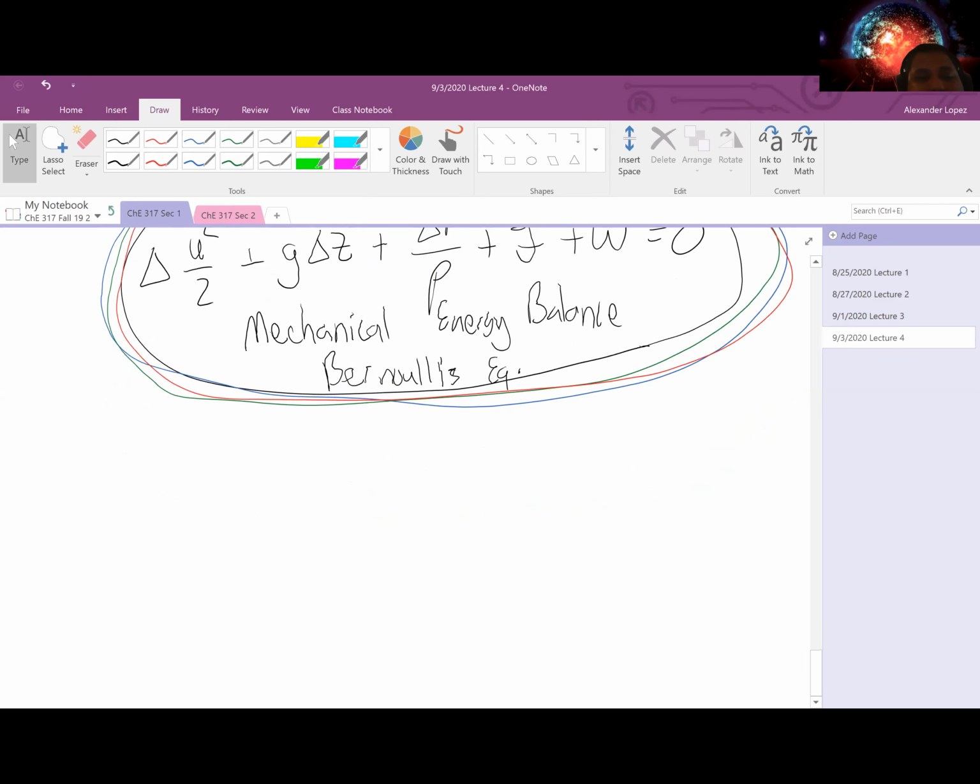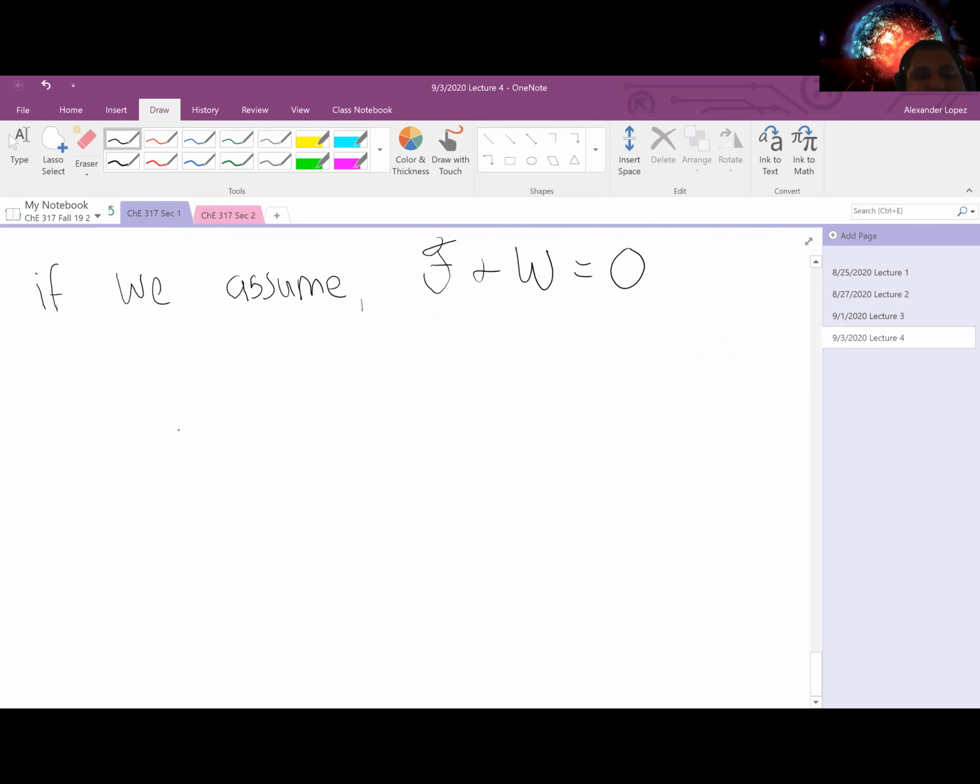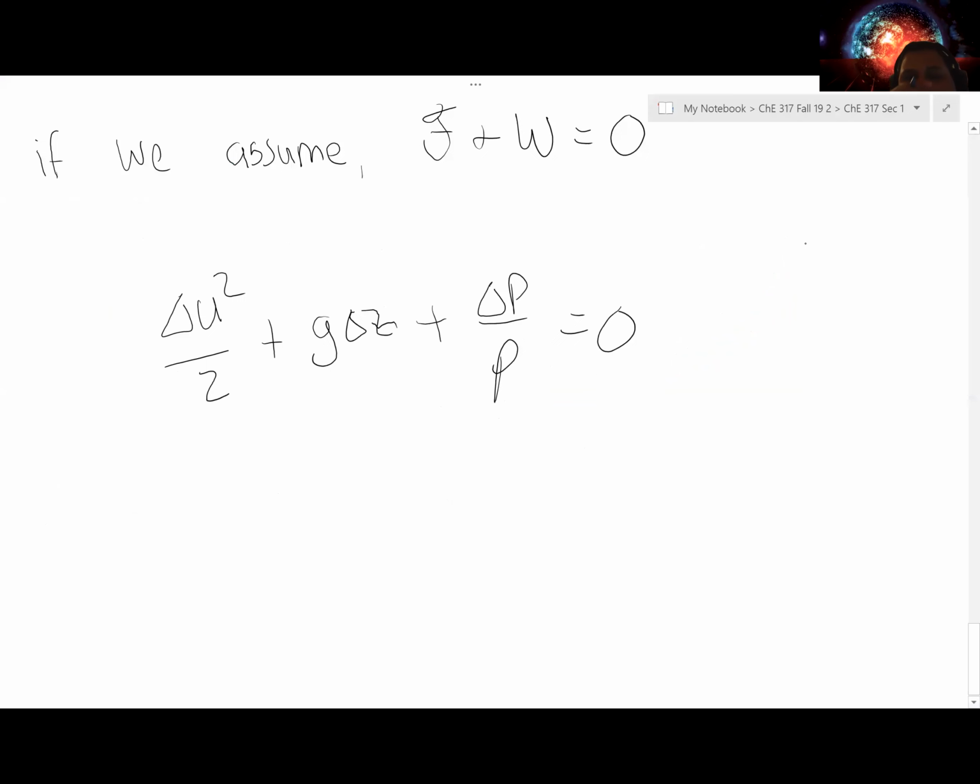Now, if we assume that in a system we can define it such that work and friction are negligible, we get an even simpler equation, which states delta U squared over 2 plus G times delta Z plus delta P over rho is equal to 0.